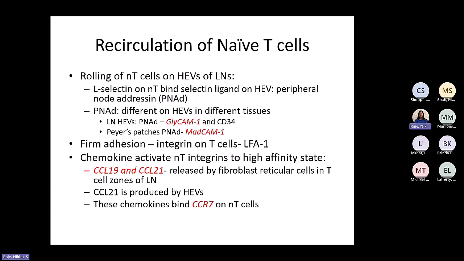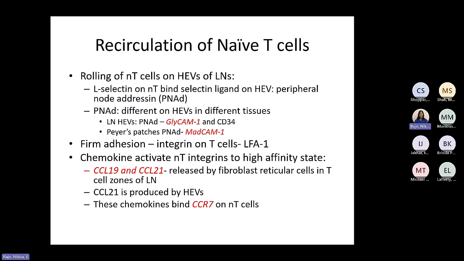So the naive T cells, as they enter the lymph node through the HEV, how do they know where they are going? So the L-selectin on the naive T cells help them bind to the ligand on the HEV, which is also known as peripheral node addressin, and there are different peripheral node addressins for HEVs in different tissues.